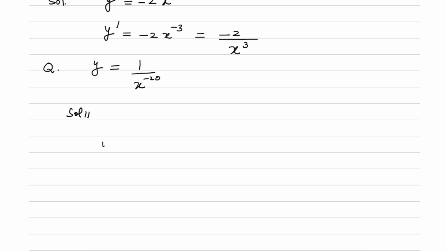We can just rewrite it in a simplified way and then apply the power rule. How so? Bring this x to power minus 20 up and then simply apply the power rule, which is 20 x to power 20 minus 1, gives you y dash equal to 20 x to power 19.